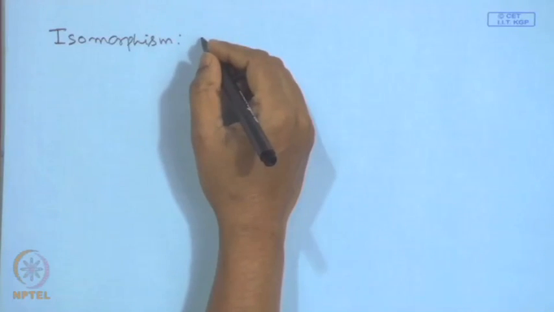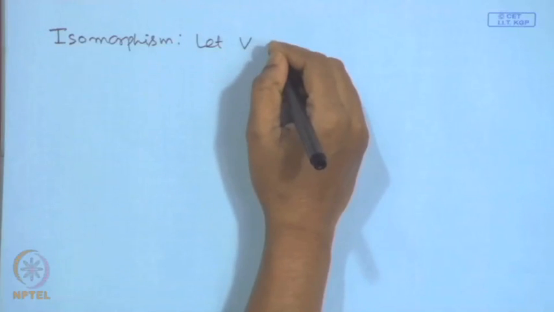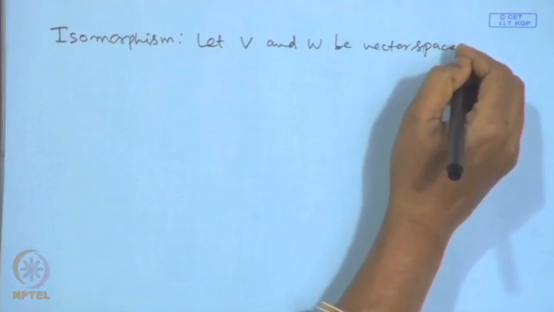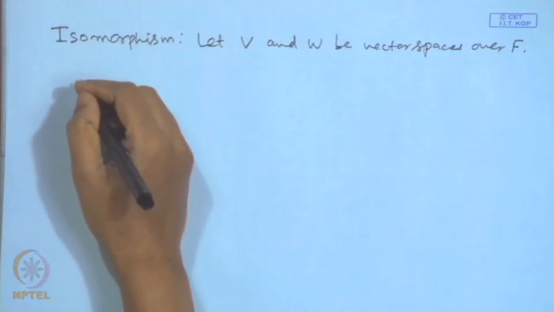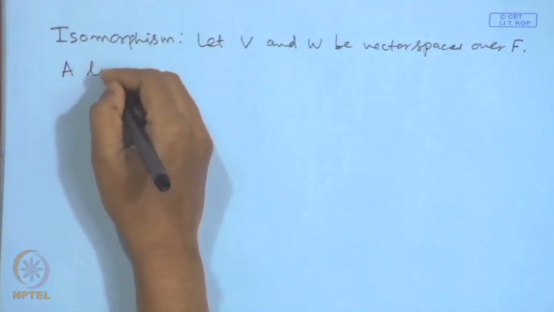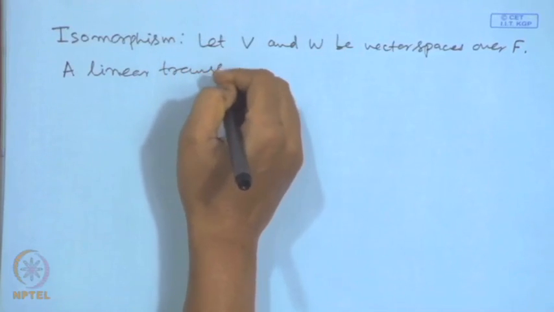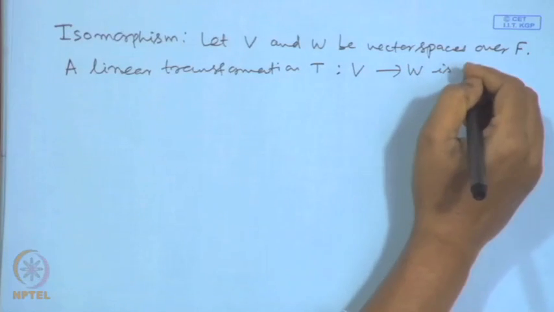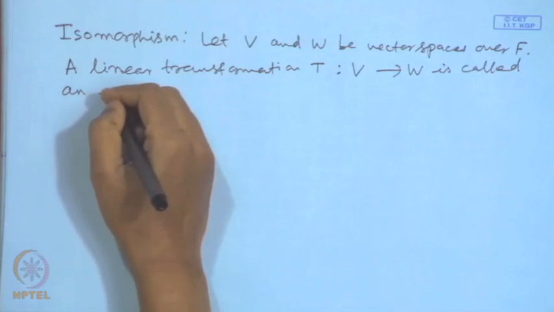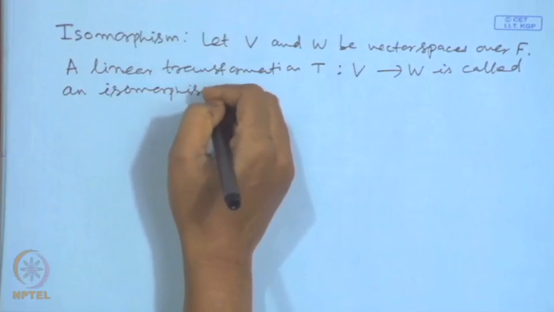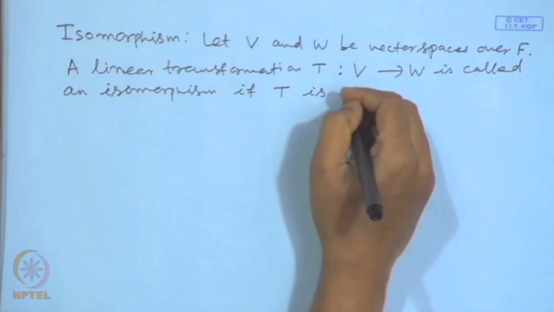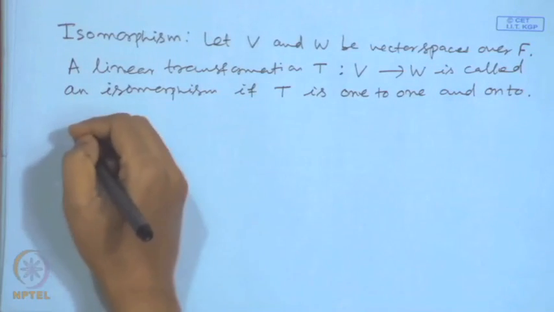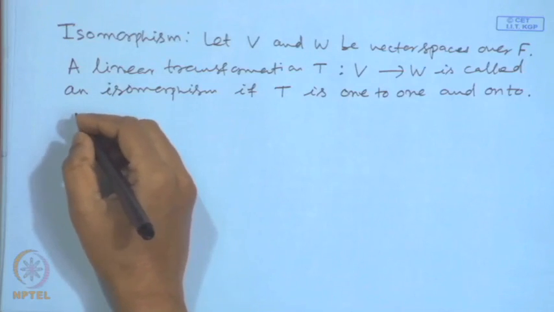Here we consider again vector spaces V and W over the same field F. A linear transformation T from V to W is called an isomorphism if T is 1 to 1 and onto.